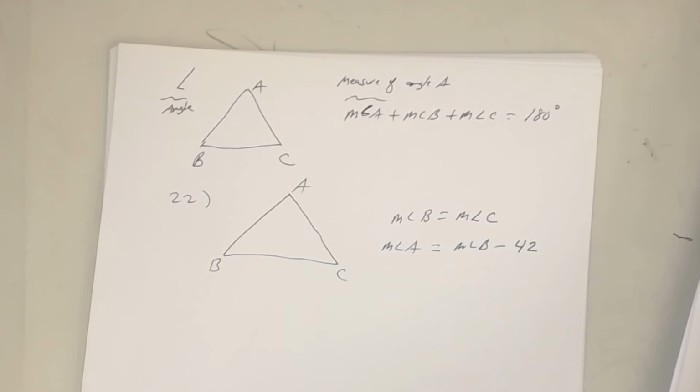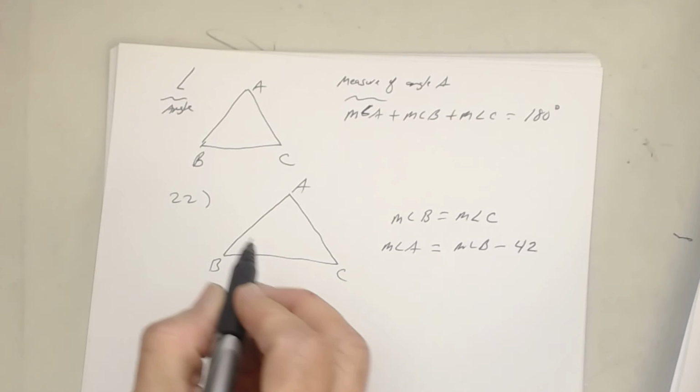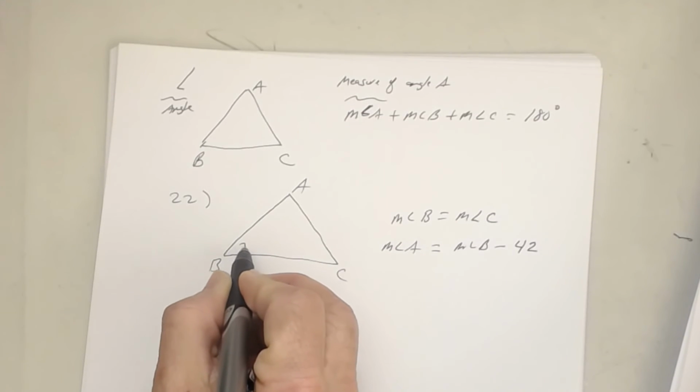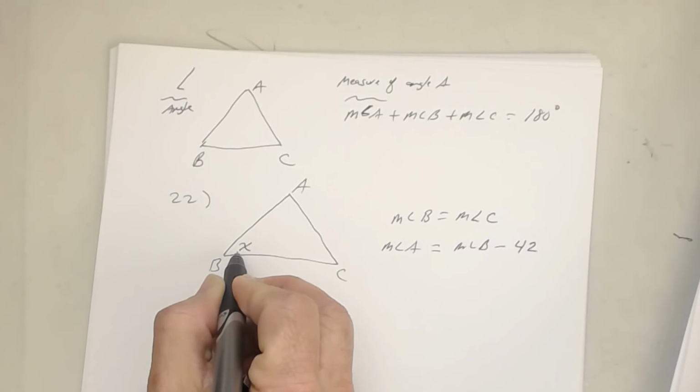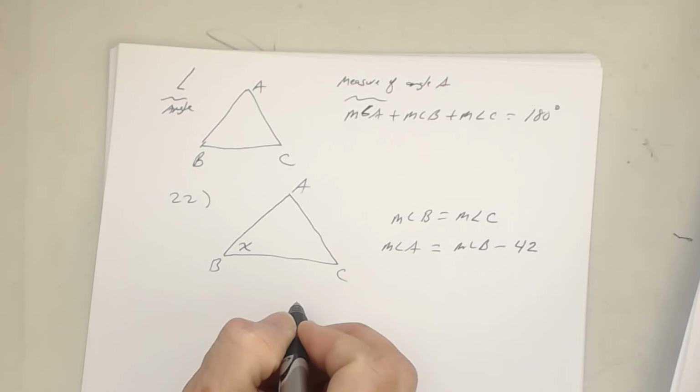They're telling you to let x equal the measure of angle B. Listen carefully. If this is x right here, then what else has to be x?